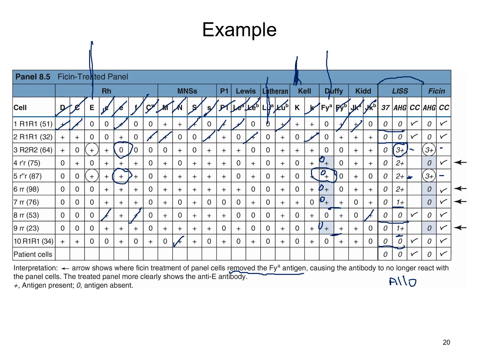But when you do the ficin treatment, you essentially remove those antigens, making them all negative. Then what that's going to do is allow nothing but that reactivity with that E antigen to demonstrate. So that's where you're seeing this here.